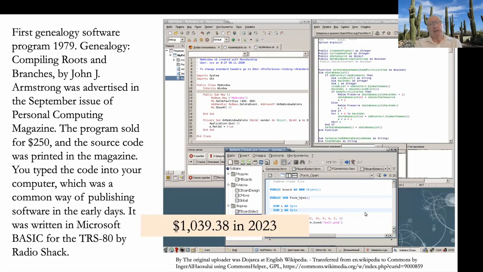And I guess my observation was, you should be happy that computer programs really haven't increased in price, because that very, very simple basic program would now be almost exorbitantly expensive.